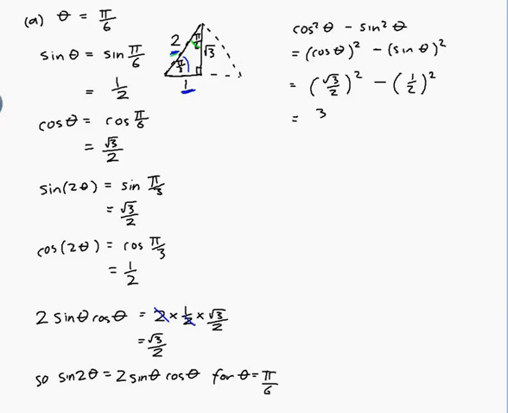So I get 3/4 minus 1/4, which is 2/4, which is a half. And a half is cos 2 theta after all. So cos 2 theta is equal to cos squared theta minus sine squared theta, for theta is equal to pi on 6. So we verified both of them for theta equals pi on 6.